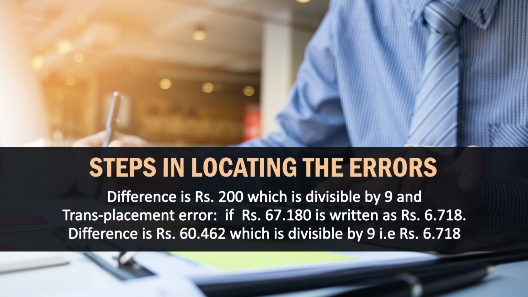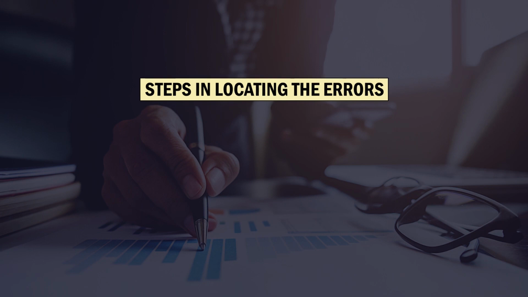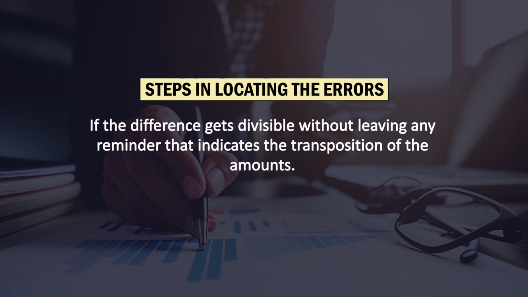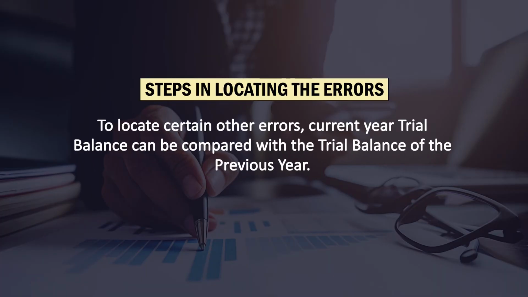So, therefore, if the figure is completely divisible by 9, so here by doing this we can easily locate the errors. If the difference gets divisible without leaving any remainder, that indicates that the transposition of the amounts. So, if the difference is easily divisible by 9 without leaving any remainder, it means there is an error of transposition.